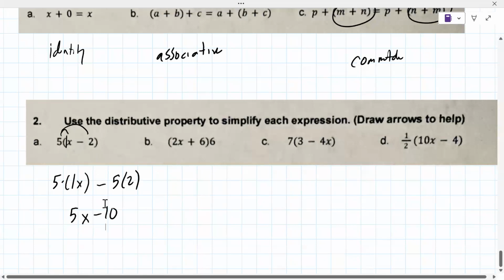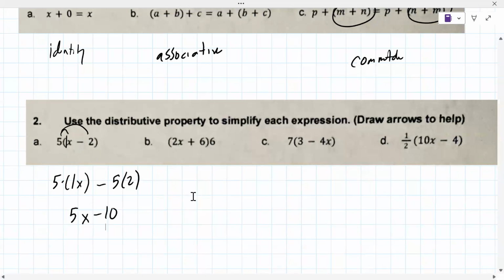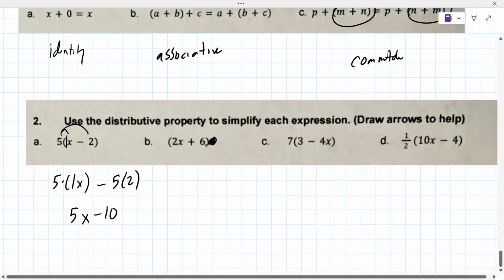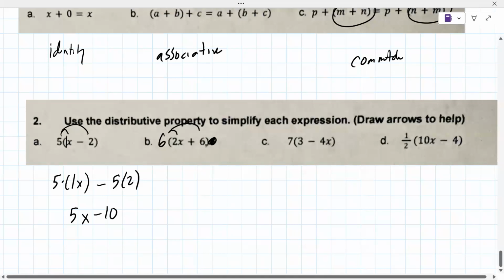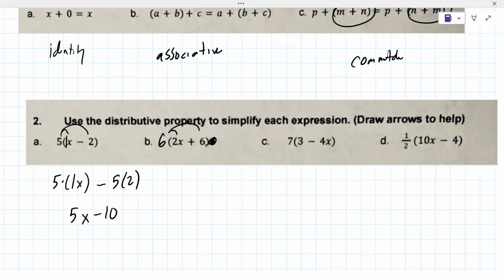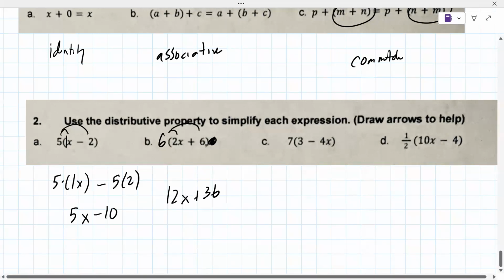All right, now B is kind of odd. You can put the 6 over here on the left, which is really where most students want it to be. You're multiplying in, so give that one a try, please. 12x plus 36. Okay, good.